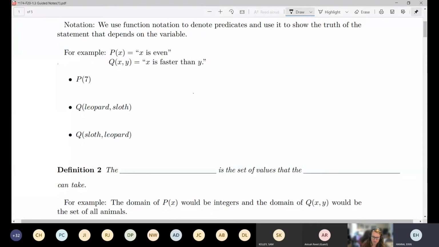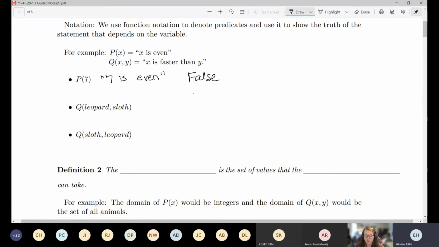If I have P of 7, well, that would mean 7 is even. Well, that's of course a false statement because 7 is odd. So it's just a way for us to have this statement that depends on this variable, but we still want to be able to figure out whether it's true or false, but that's just going to depend on what value we give it.